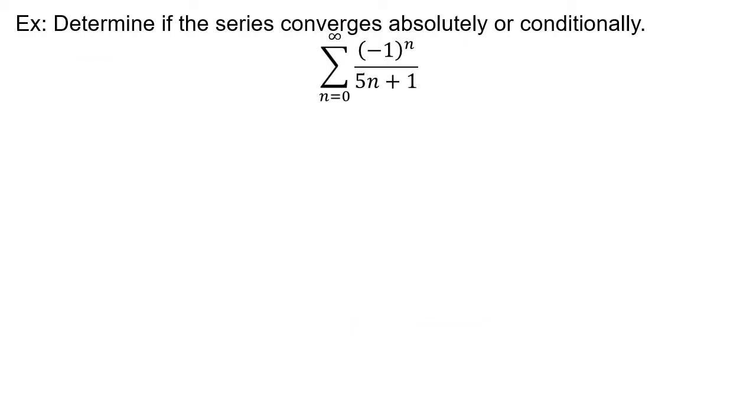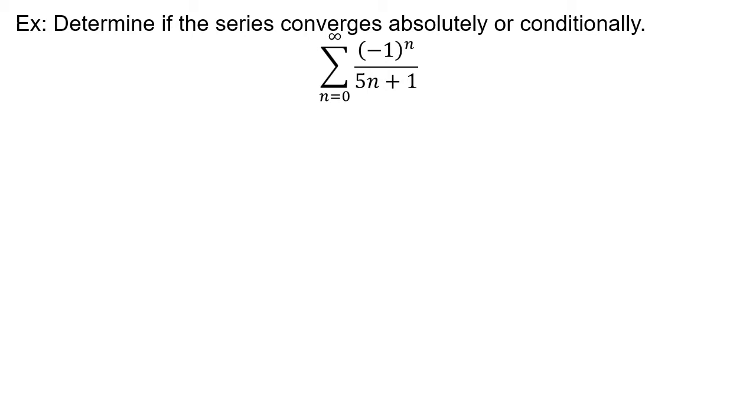So let's try one. Determine whether the series converges absolutely or conditionally. You notice the -1 to the n, that would be like our alternating series from the previous section. And so you make a choice here. Do you want to test absolute convergence first, or conditional convergence? It really doesn't matter which one you do.